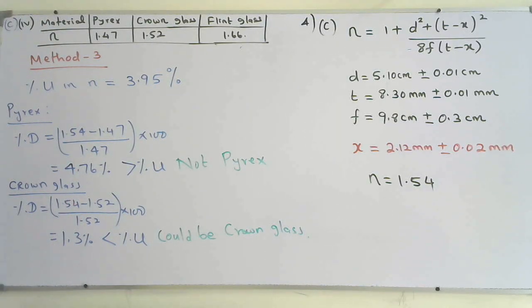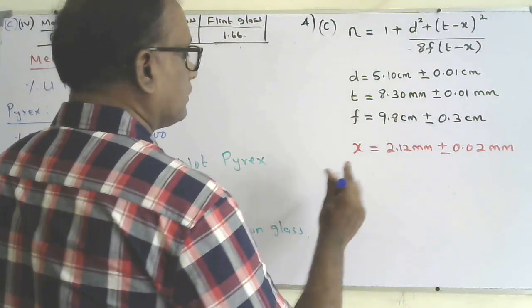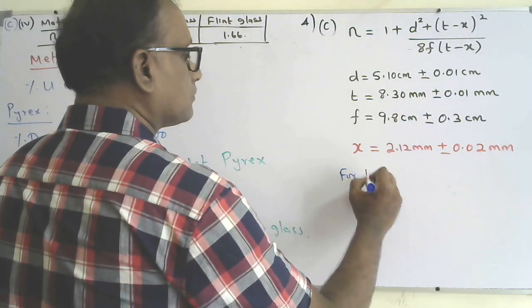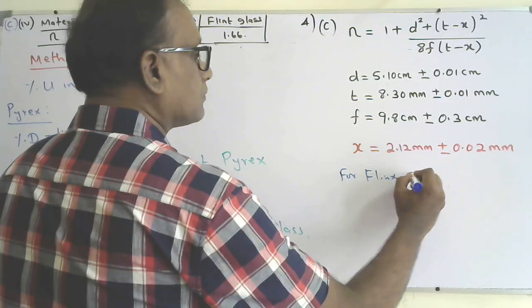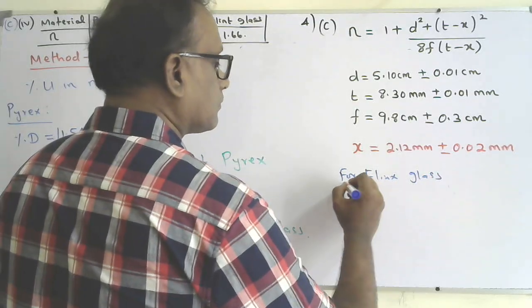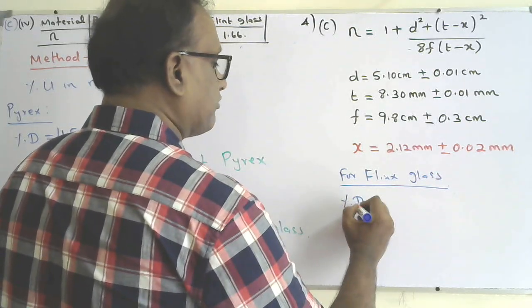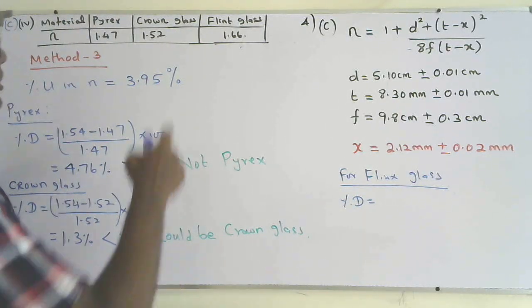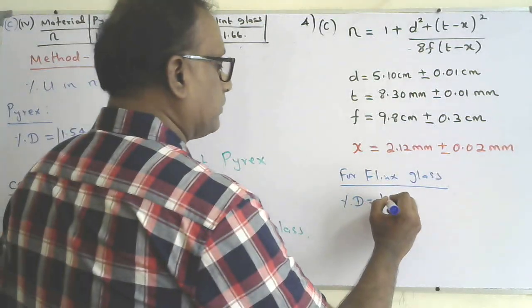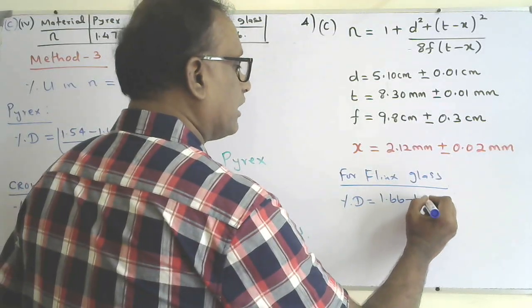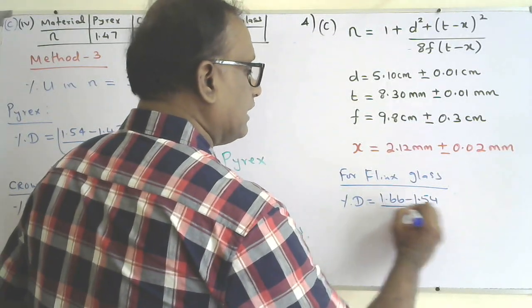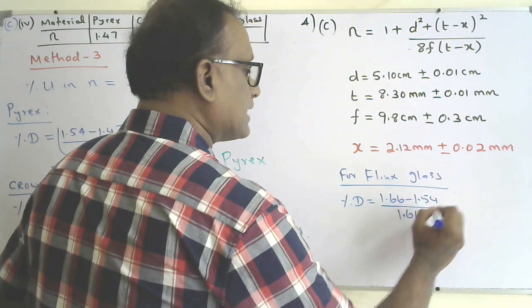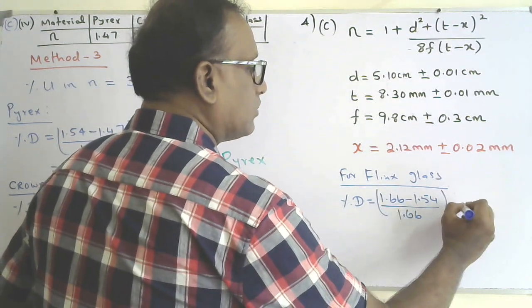Okay, if you do it for flint glass, percentage difference is equal to 1.66 minus 1.54, where 1.54 is the experimental value, divided by 1.66, into 100%.